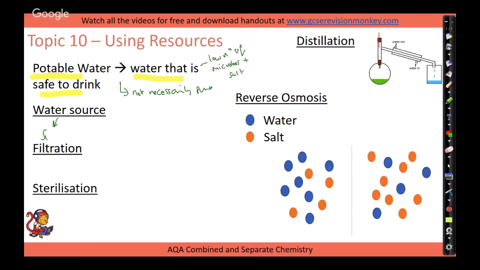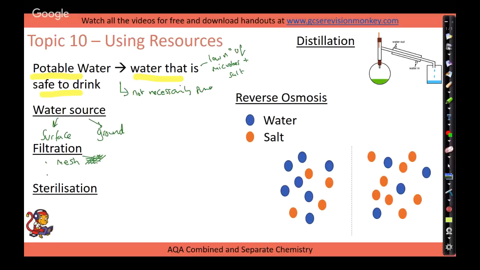So we could be extracting water that's fallen on the surface or perhaps from the ground. It depends where you have water available in the country that you are living in. We'd first have to filter that water. That's pretty obvious. It's going to go through a mesh to filter any of the large pieces, so twigs and plastic bags and whatever else is in that water.